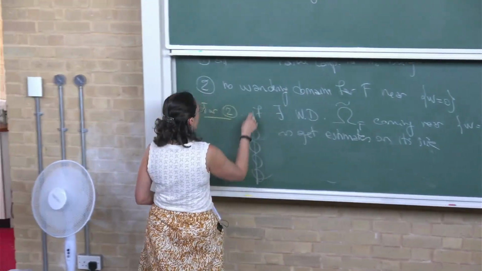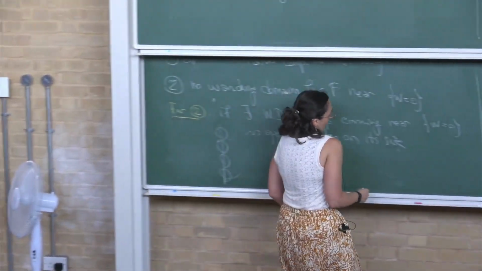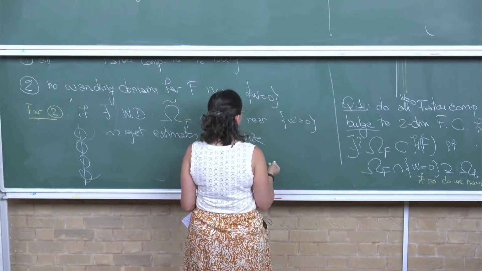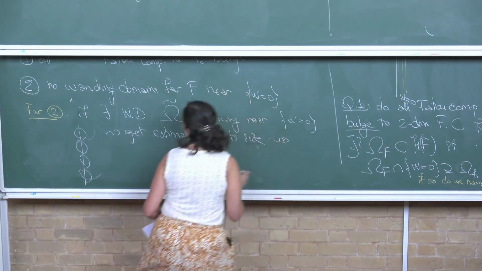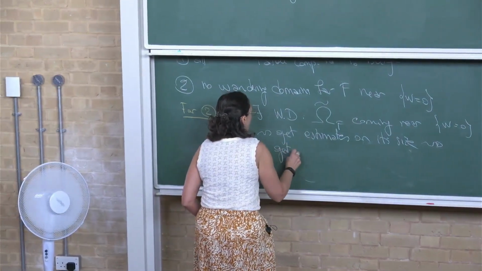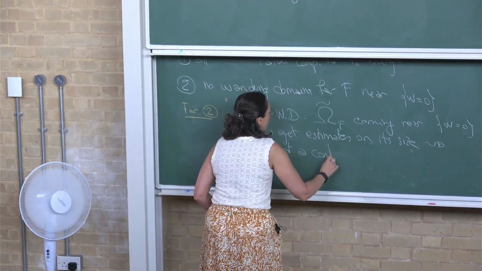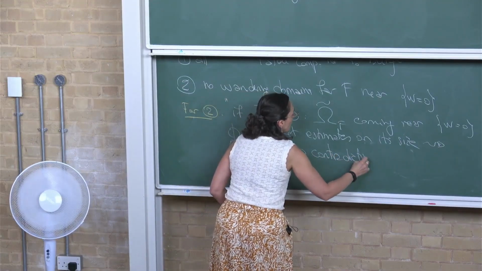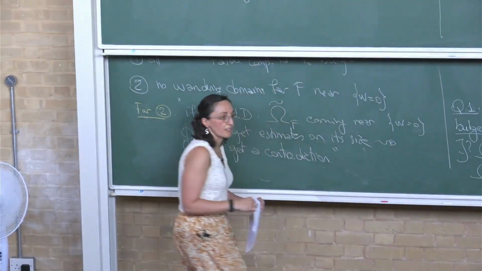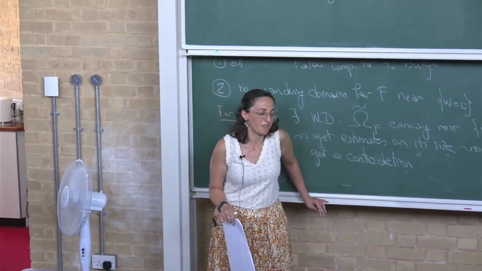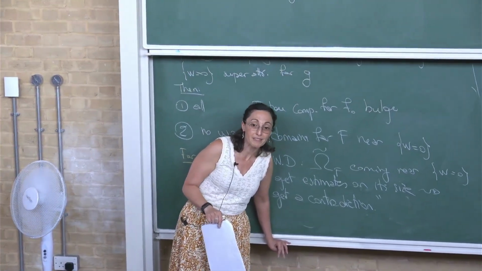This is really an idea, huh? So you get estimates for its size, and eventually you get a contradiction. I'm not saying that it's easily seen from Lilov's computation, but this is what's happening.